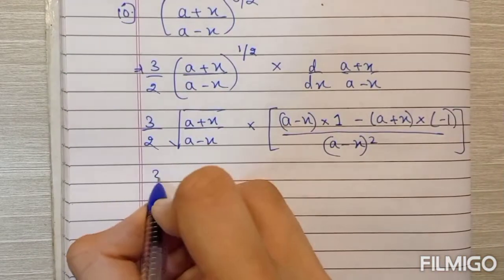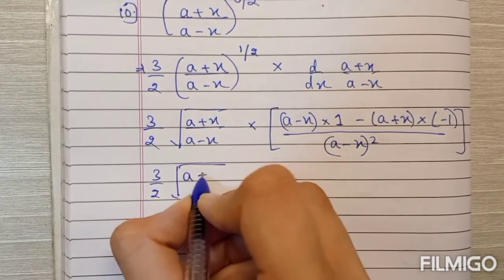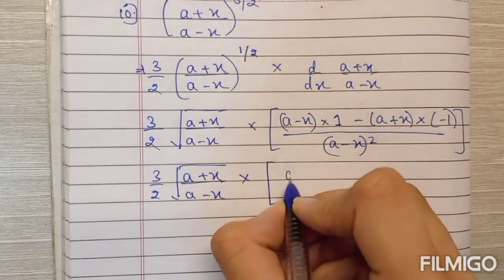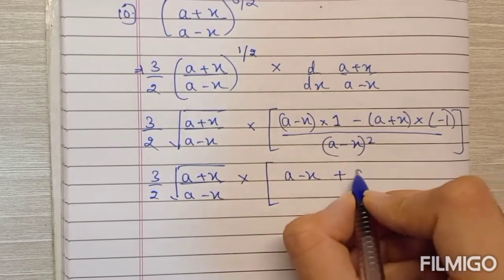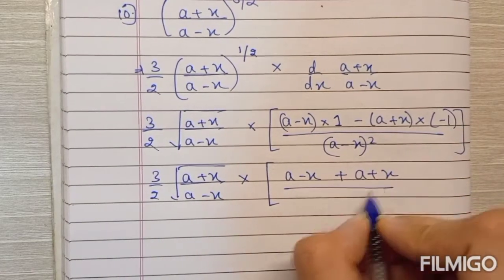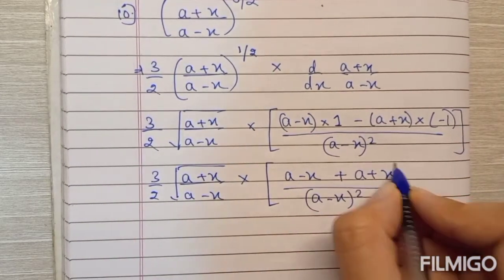Okay, so this becomes 3 by 2 into root of a plus x upon a minus x into a minus x plus a plus x, because the minus terms become plus, upon a minus x the whole square.